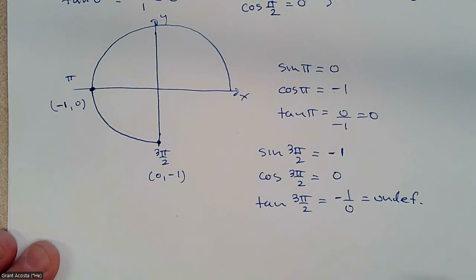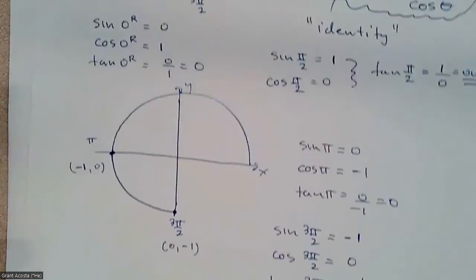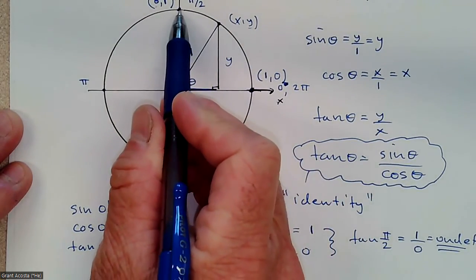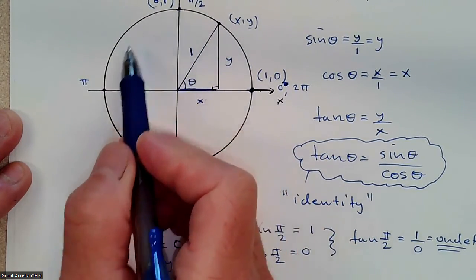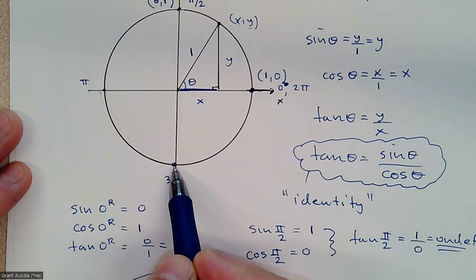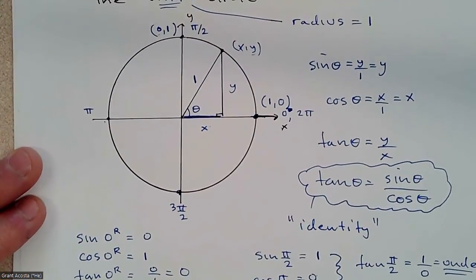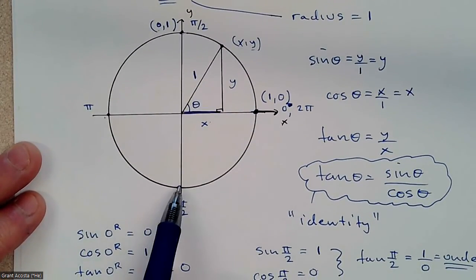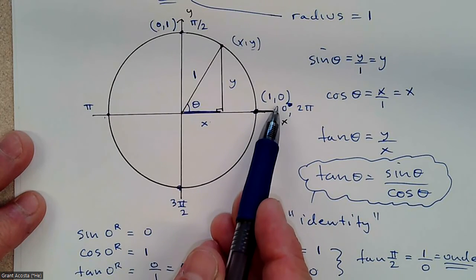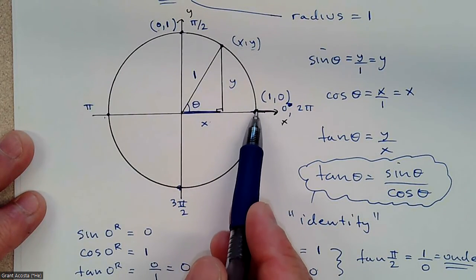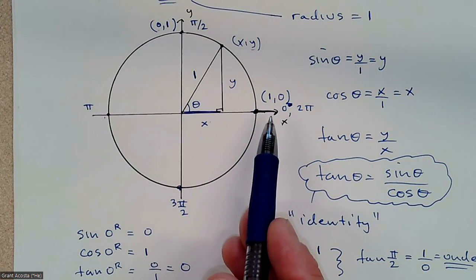Another way to summarize these types of angles is any angle that puts you right on the x or y axis. You need to know how to find the sine, cosine, and tangent of that angle. One way you can do it is by thinking about the coordinate on the unit circle that corresponds to that angle.